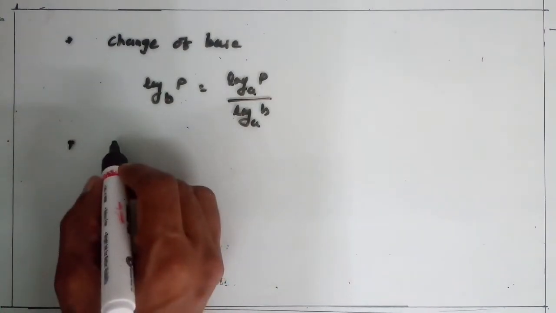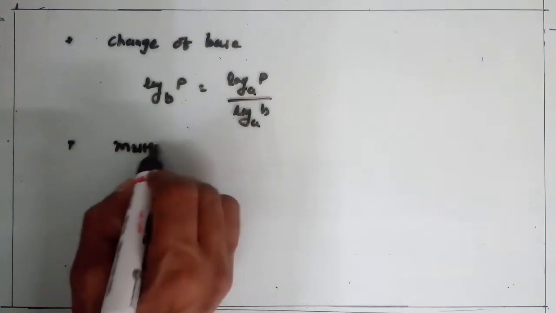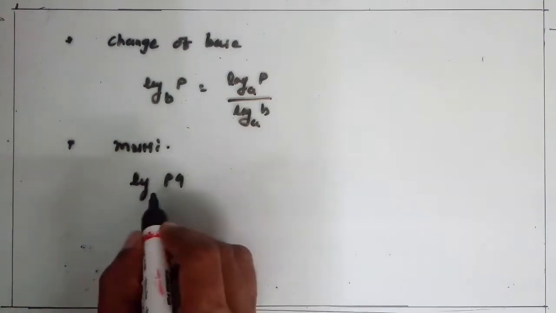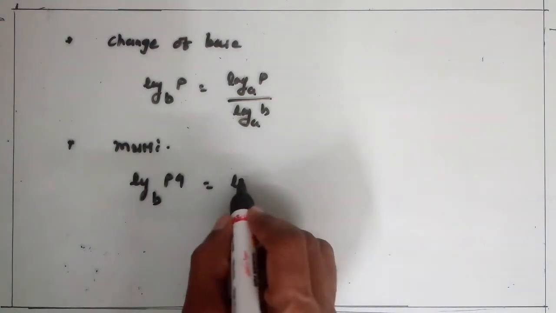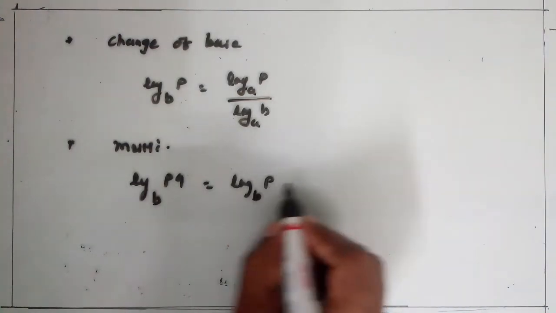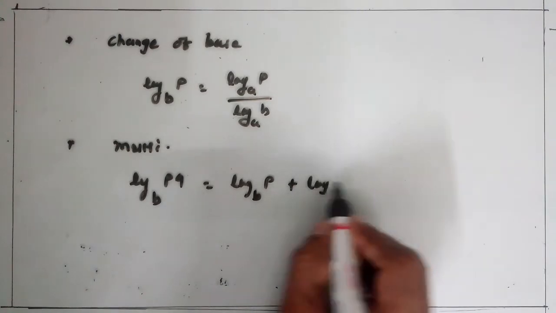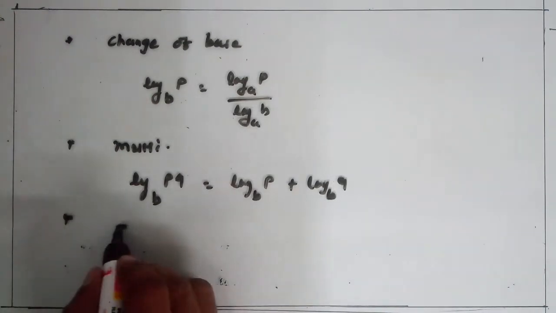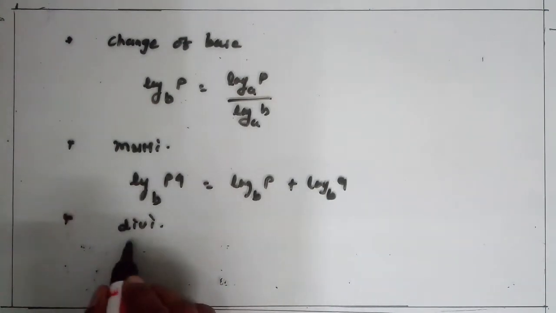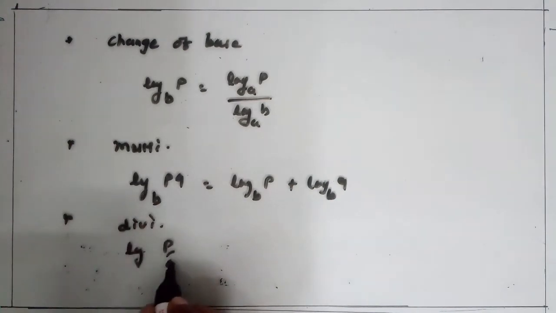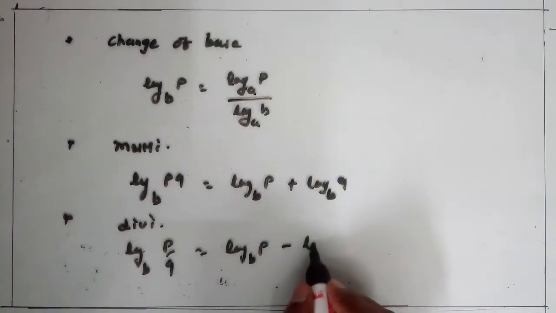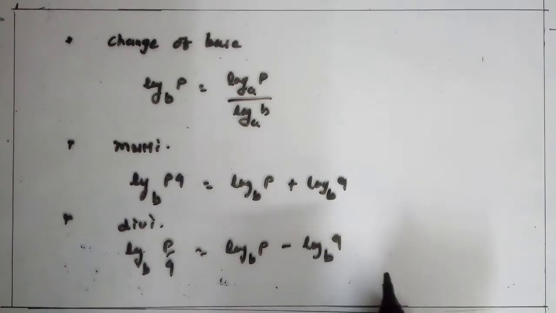Now the multiplicative law: log of p times q with base b is equal to log p base b plus log q base b. Now the division law: log of p upon q base b is equal to log p base b minus log q base b.